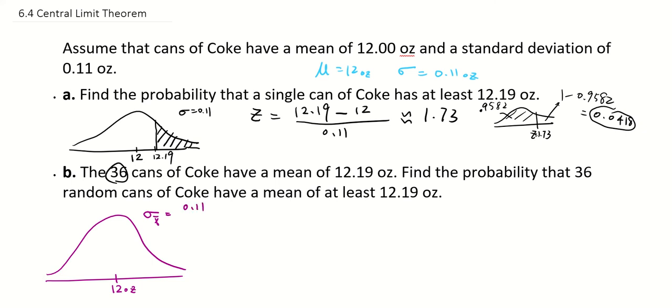It's 0.11 divided by square root of n. In our case, this n is 36. So that's 0.11 divided by square root of 36. And the answer, we can round it to 0.0183.